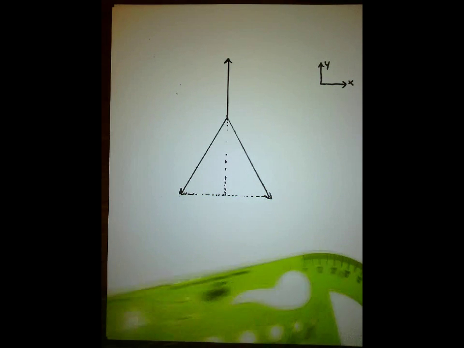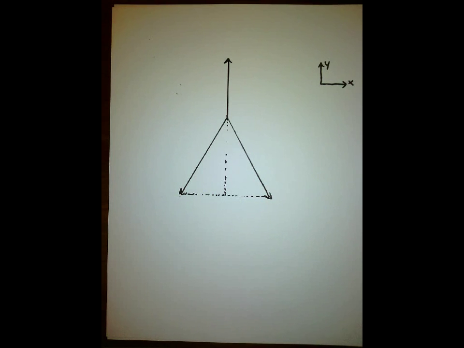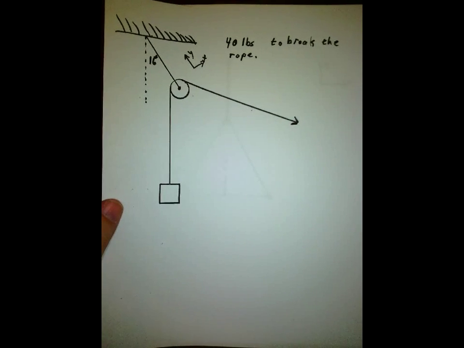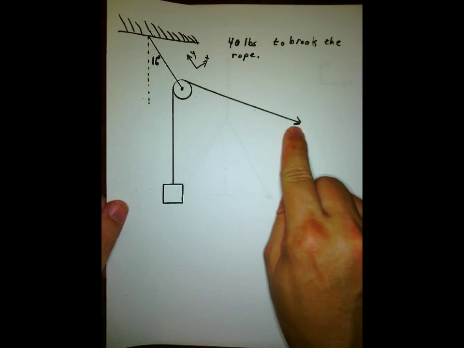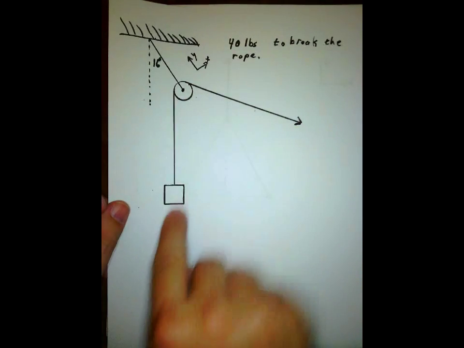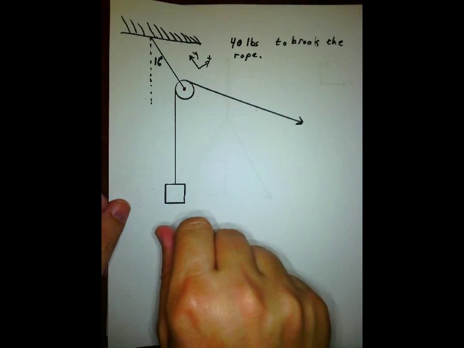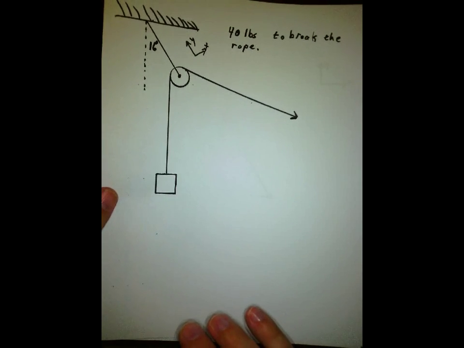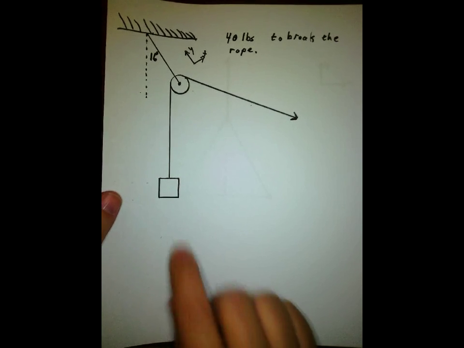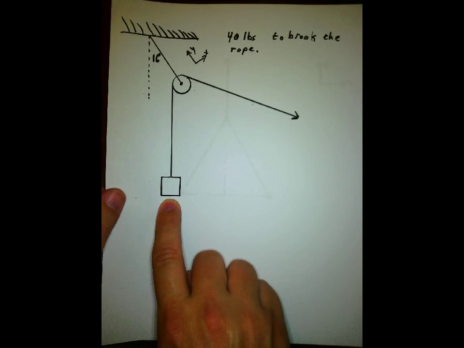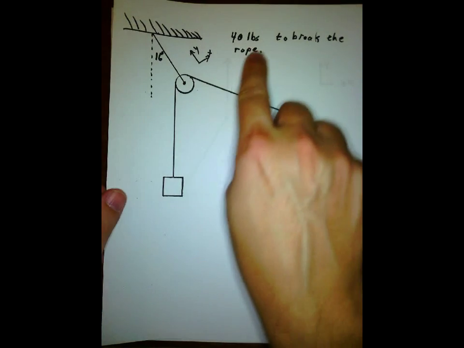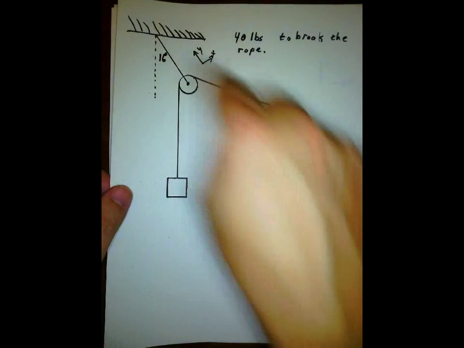Okay, and the way the problem reads, this whole thing is at rest, because this class is called statics, right? So there's something or someone pulling right here, the weight is here, and everything is sitting static. And the question says, what is the maximum weight we can have here? And so obviously our limiting factor is one of these ropes breaking.